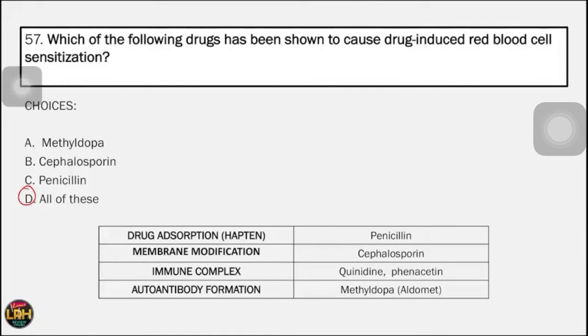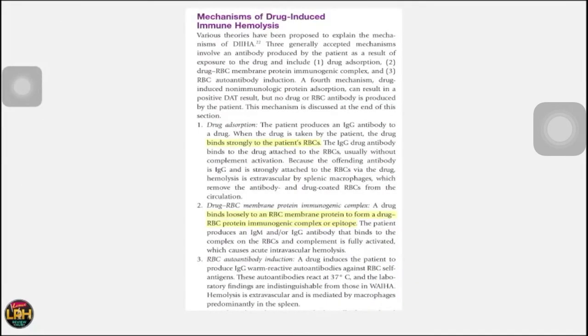And we have quinidine and phenacetin, which produce immune complexes. So these drugs can be attributed to drug-induced immune hemolysis, and these are the mechanisms. Number one, it can be adsorbed to the patient red blood cell. Once it is adsorbed on the patient red blood cells, the patient will produce antibody against it.